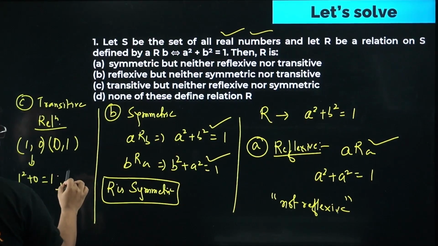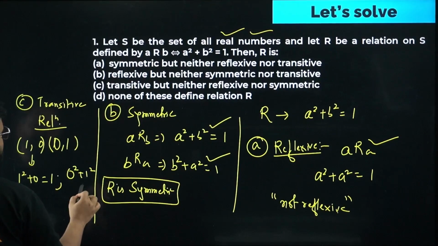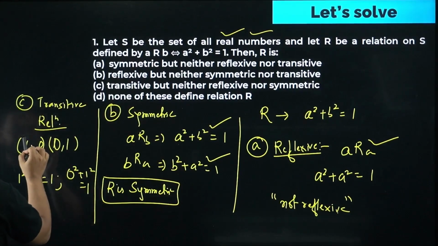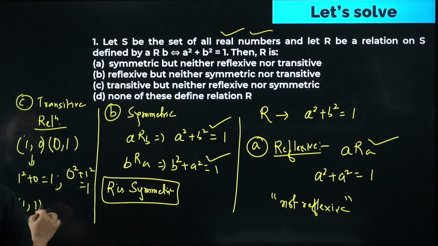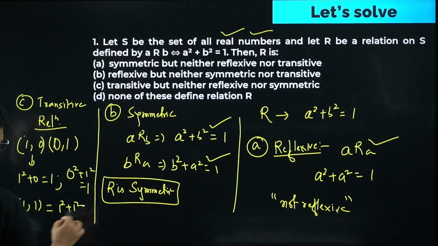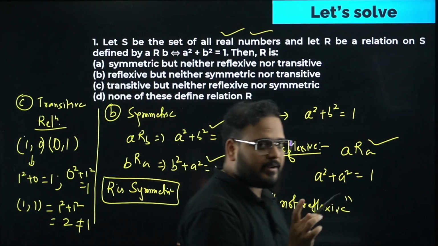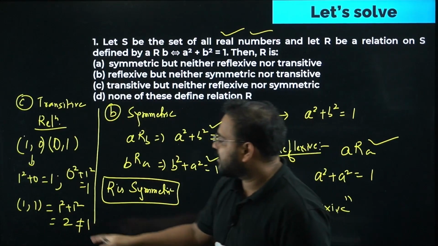If I take (0, 1), I get again 0 square plus 1 square, which is again 1. But if I take the combination of first and last, which is (1, 1), I'll have the answer as 1 square plus 1 square, which is 2, not equal to 1. It means I can think of an ordered pair where it is not transitive.